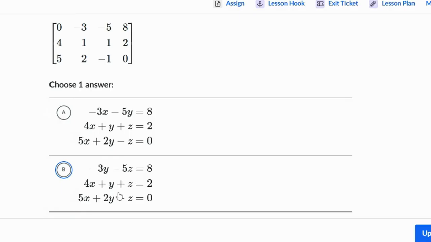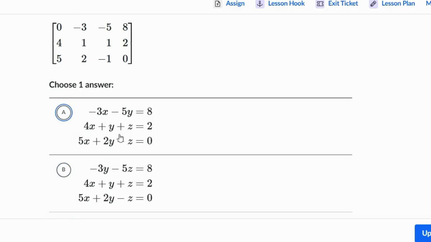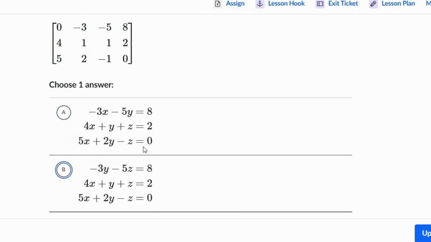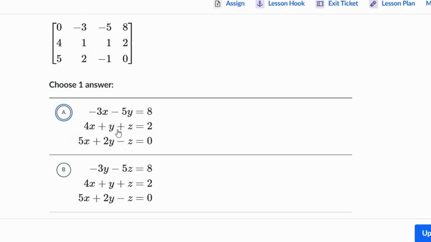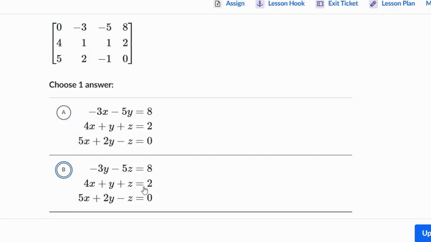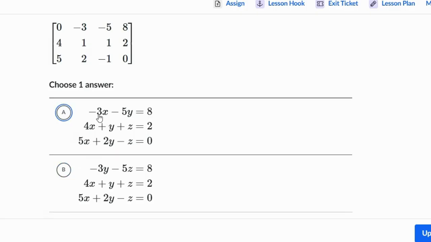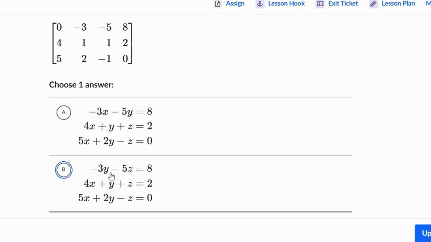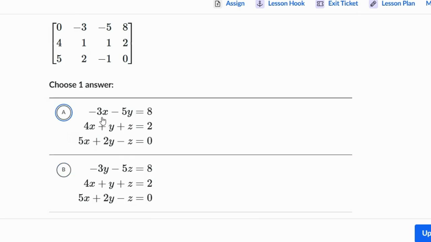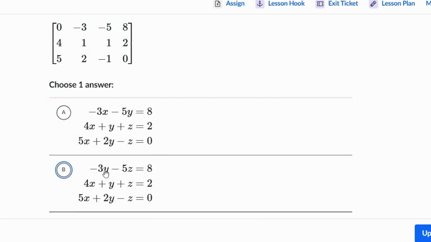So looking at these equations, the second and third equations are the same in both choices: the 4x plus y plus z equals 2, and the 5x plus 2y minus 6. So those are the same. The only thing that's different is the very first equation: negative 3x minus 5y equals 8, or negative 3y minus 5z equals 8. So the question is, are we using an x and a y, or a y and a z?